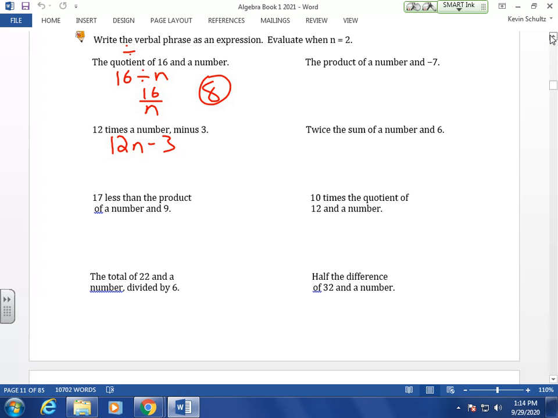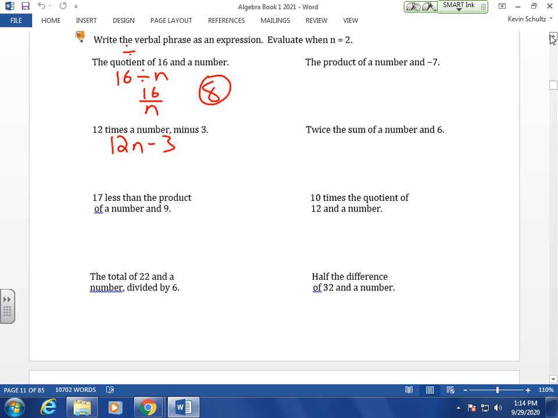So with commas, just like with less than and subtracted by versus from, you've got to pay attention to what it is breaking apart. Let's look for another one with a comma here. This last one says the total of 22 and a number, comma, divided by 6.